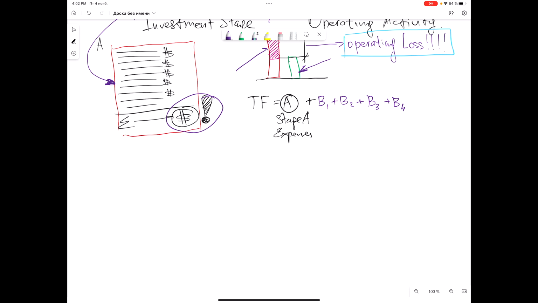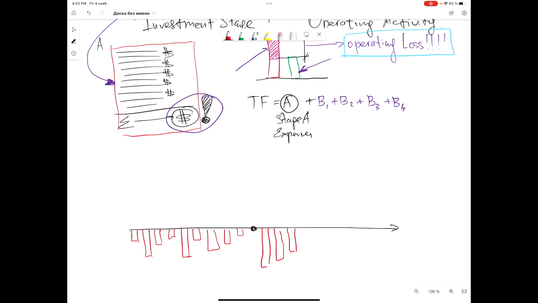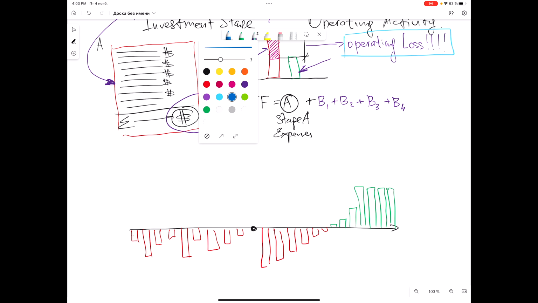For example, another scenario can be when here you will still have the investment stage expenses, and then here you may face a sufficiently bigger amount of operating losses before you get your first profits. And this is called scenario modeling.